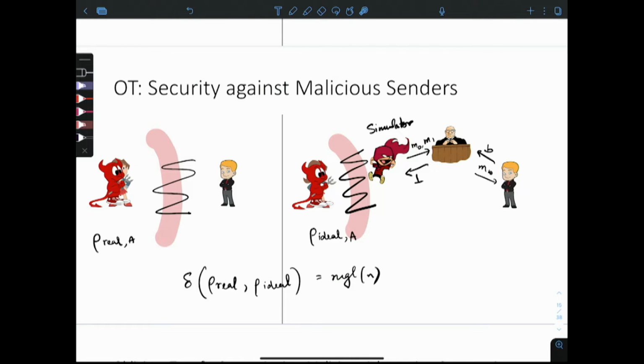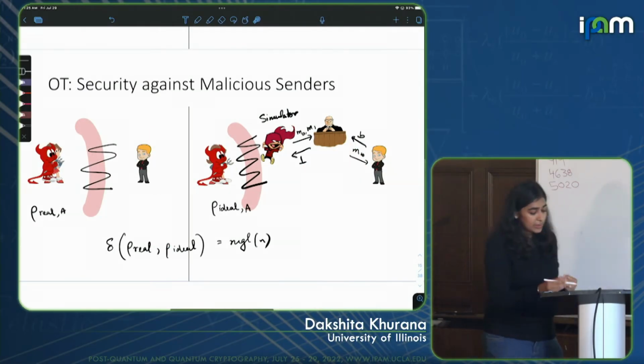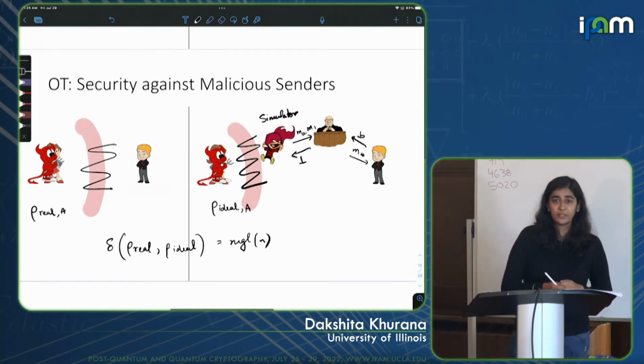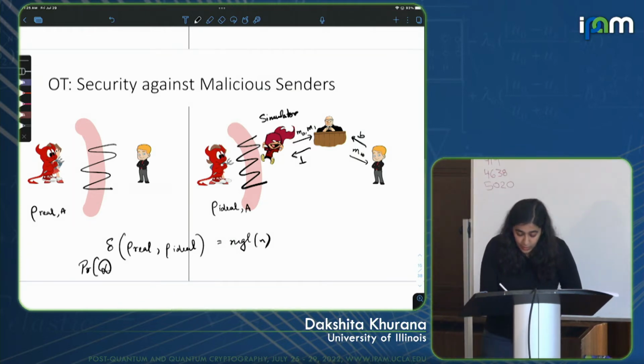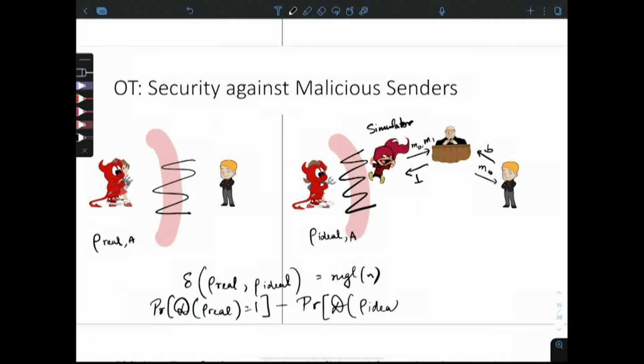So a computationally bounded adversary is going to be one that runs in polynomial time, and the requirement in that case will be that no such bounded adversary can distinguish between the two distributions, meaning the probability that a quantum polynomial time distinguisher on input rho real outputs 1 minus the probability that given rho ideal it outputs 1, for all quantum polynomial time distinguishers, should be negligible. So that's the computational notion.